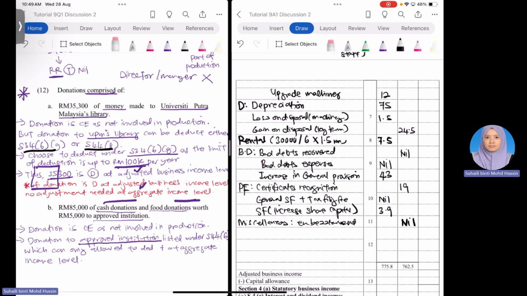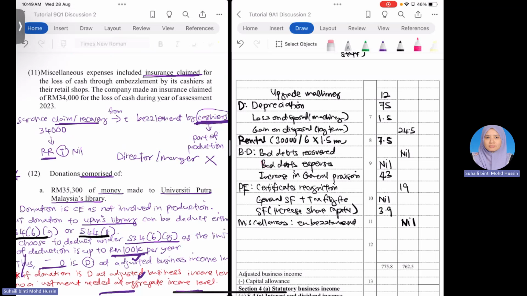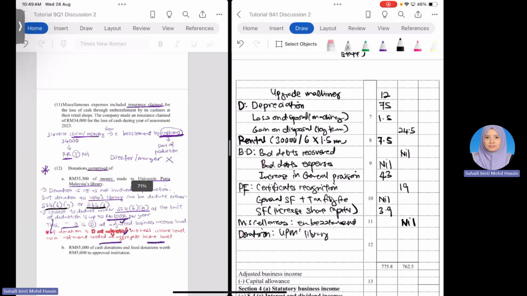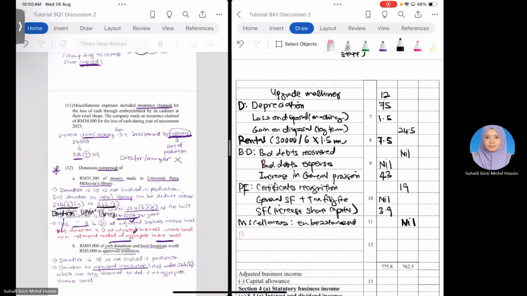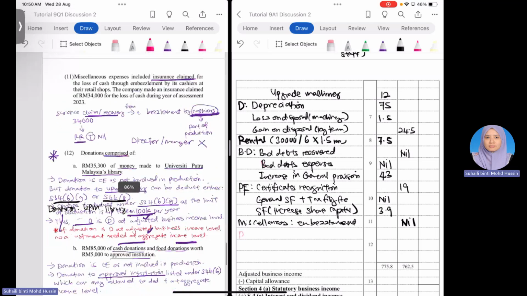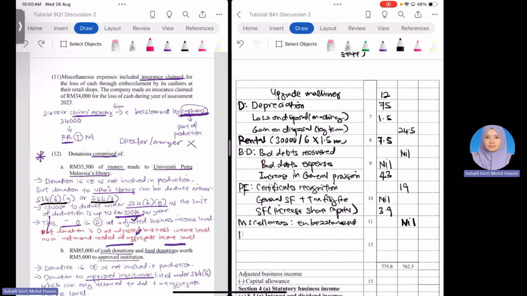So at the adjusted business income level here, for the donation to UPM's library, we refer to section 34(6)(g).